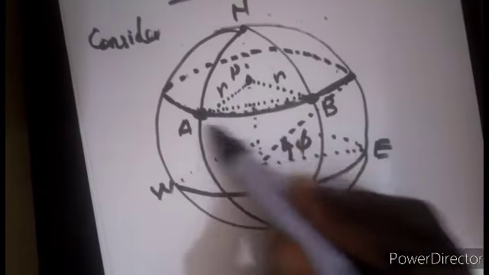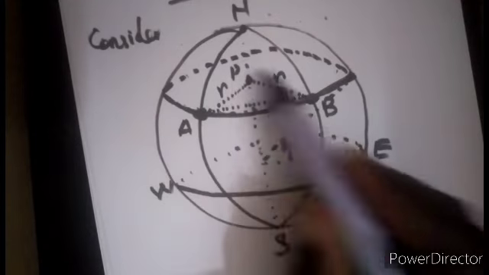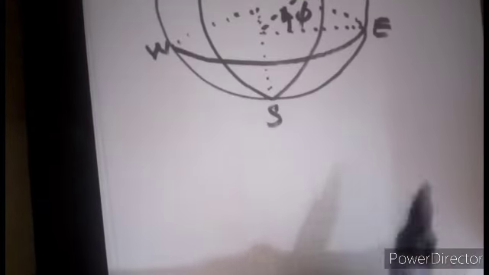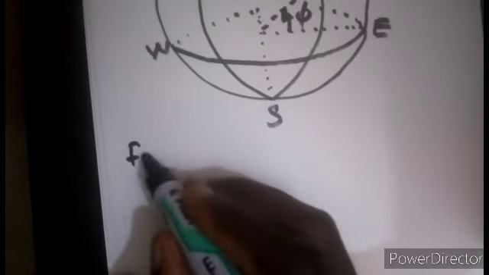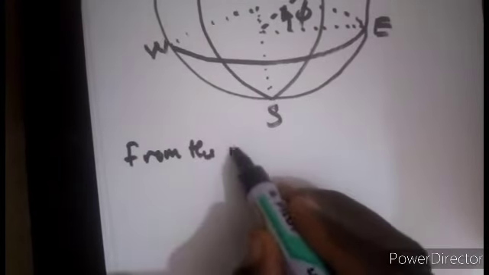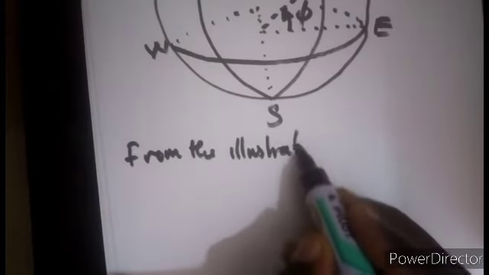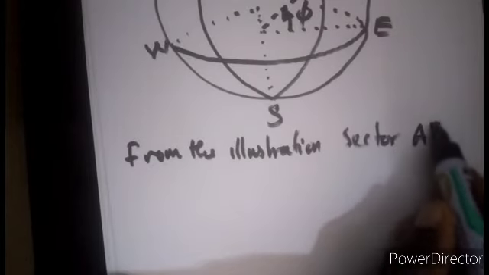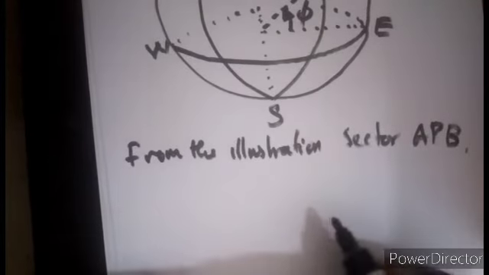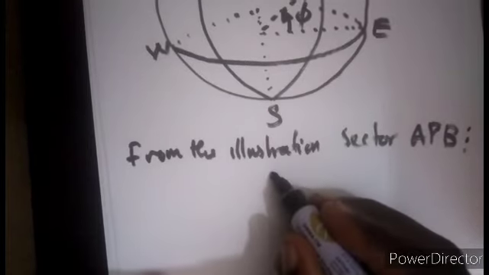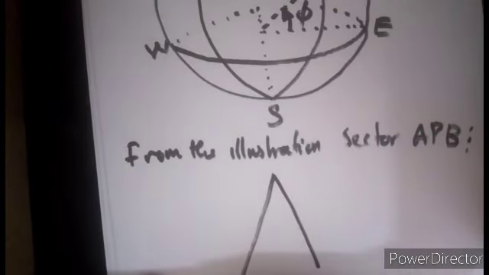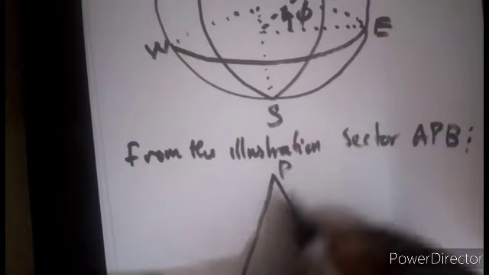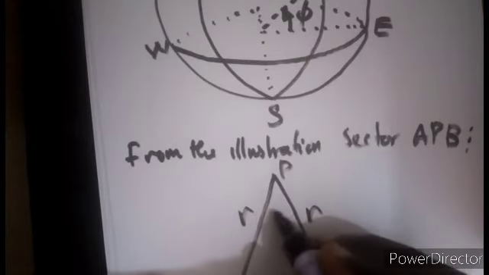If you see, if I pull out APQ, so from the illustration, the sector APB is what? We have AB here, we have P here.